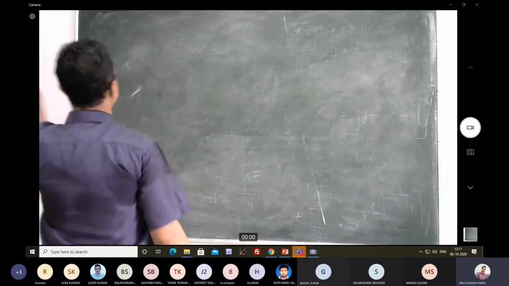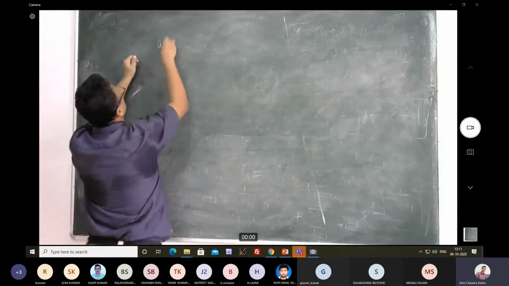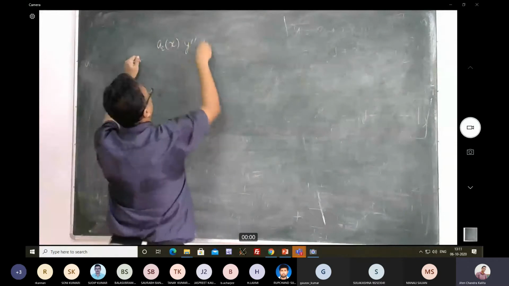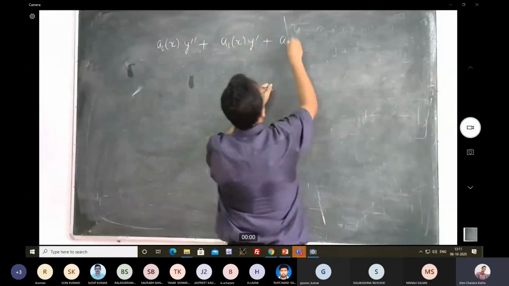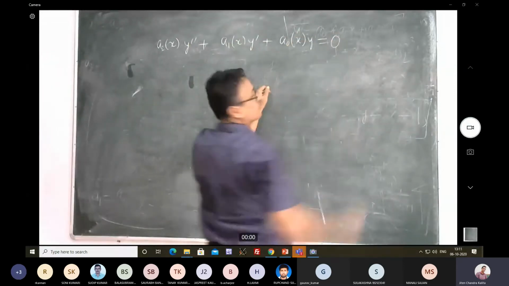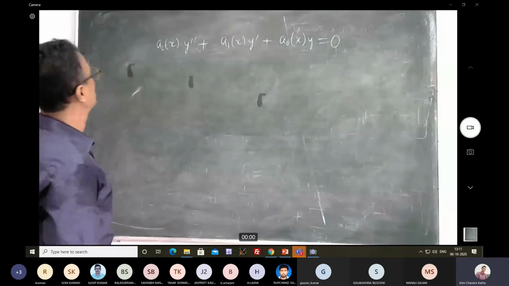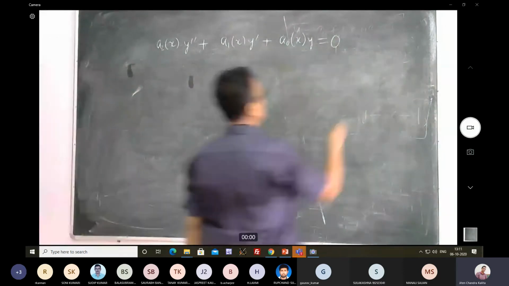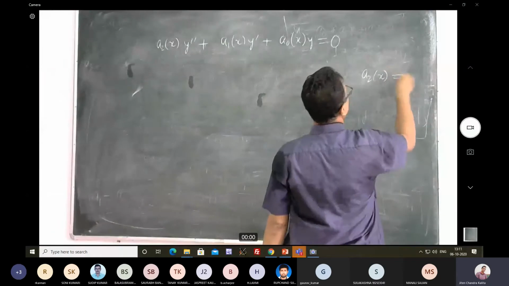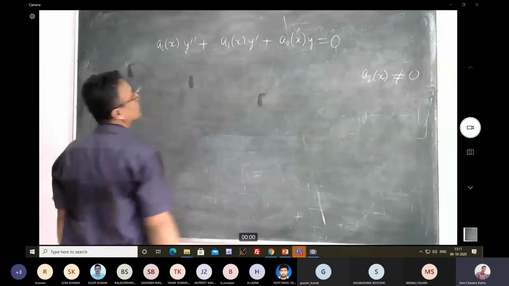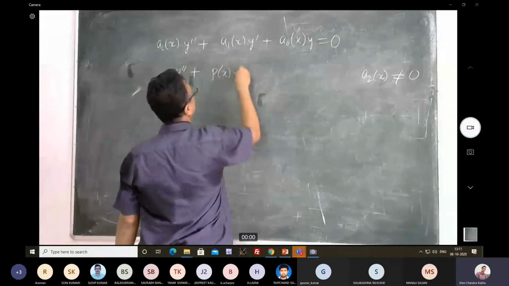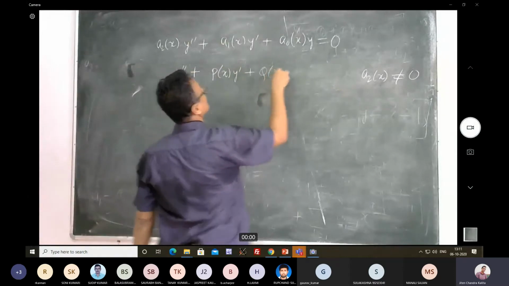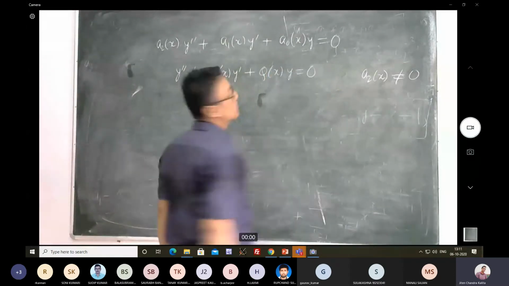So what we are going to do, suppose I am considering an equation of this type. Zero. Okay. So now, obviously, if a2(x) is not equal to 0, then this can be put in this form, y'' + P(x) y' + Q(x) y equal to 0.